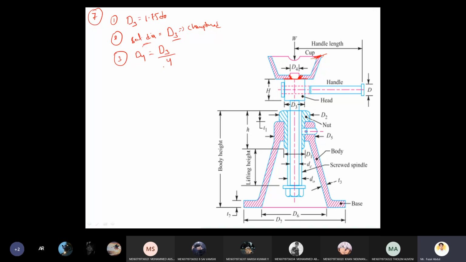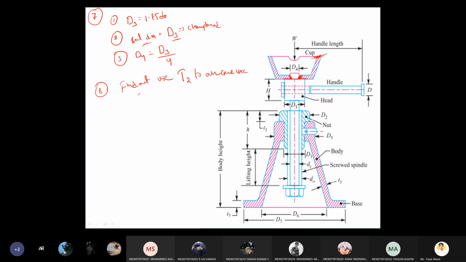This is about the seventh point in the design procedure of the screw jack, right? Now the eighth point is finding out the torque T2 to overcome the friction.